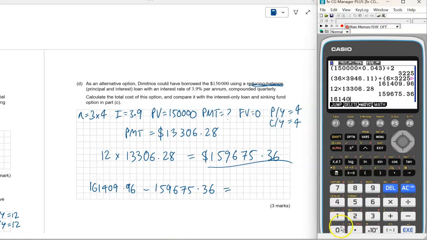Okay, so how much he will save by going through the reducing balance loan option instead of the sinking fund and interest only option.